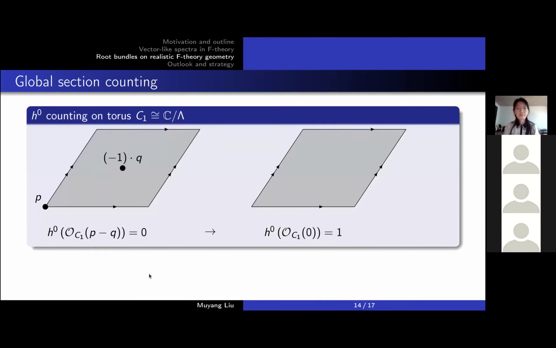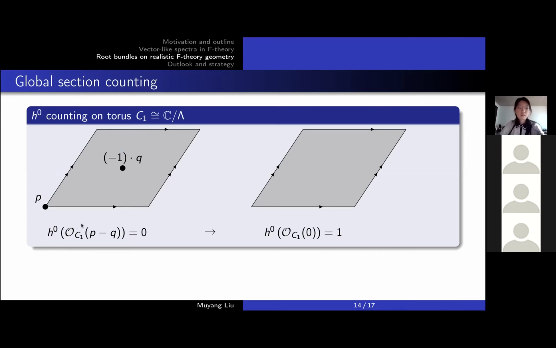Now I'm using torus diagrams to explain the 2 cases of the degree 0 line bundles, and they correspond to different local section countings. The degree 0 line bundle can be expressed by 2 points on the torus.